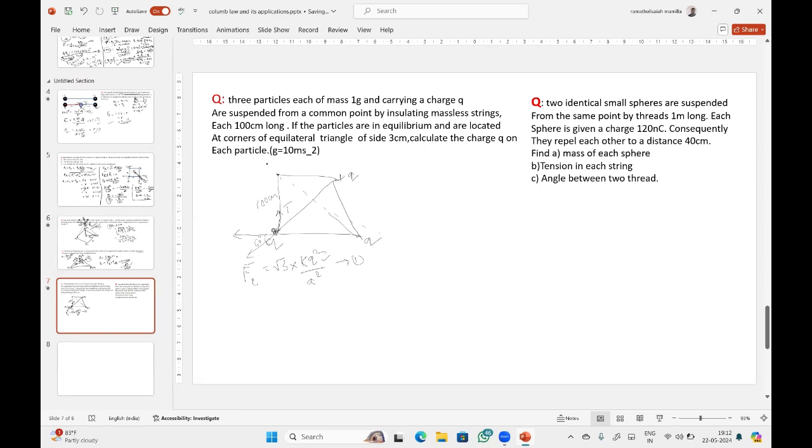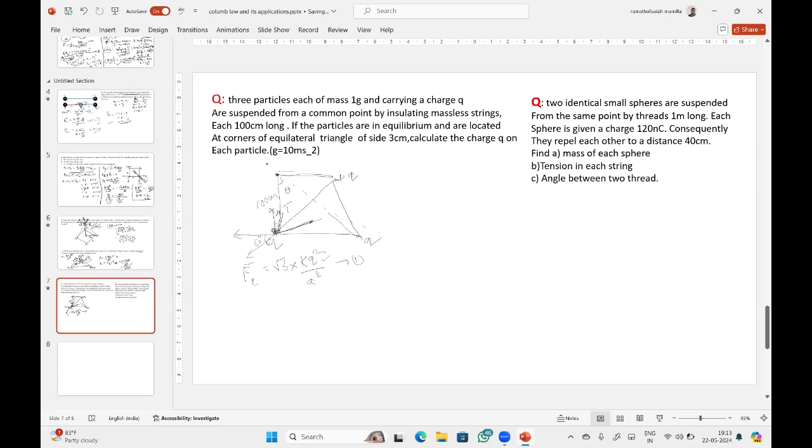Now here tension is acting along the string, so resolve tension into components. This is the centroid point. The particles are suspended from the point with three threads, each 100 centimeters in length, with angle theta.